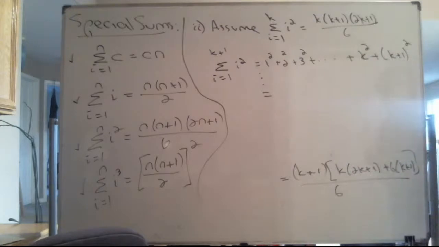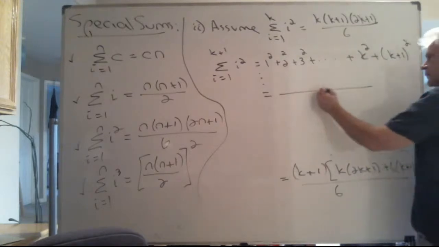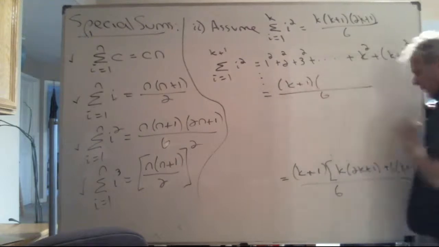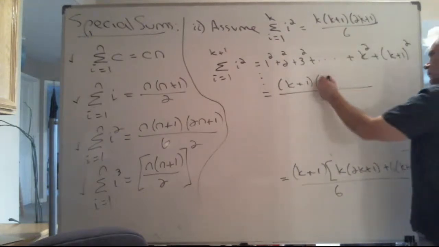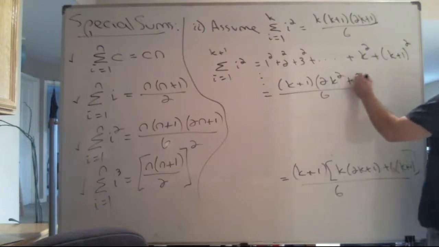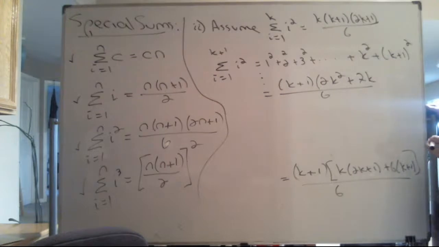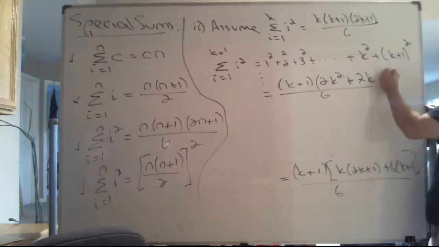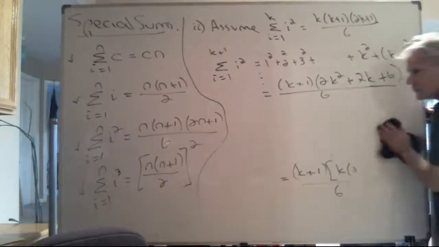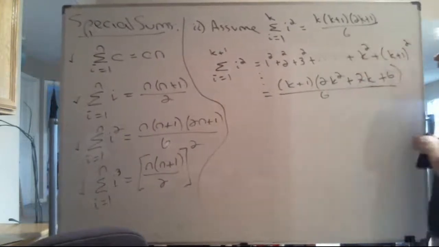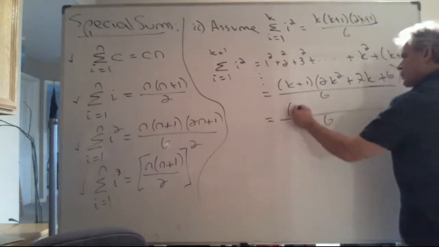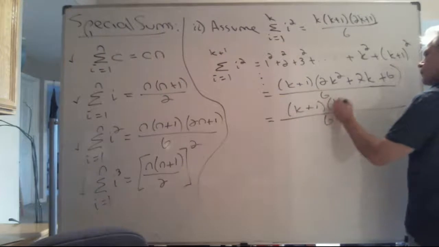Now, it looks to me like I've got a fraction whose denominator is 6, whose numerator is k plus 1 times something. Let's talk about the something. Is that going to be this? And it looks to me like that trinomial probably factors further.